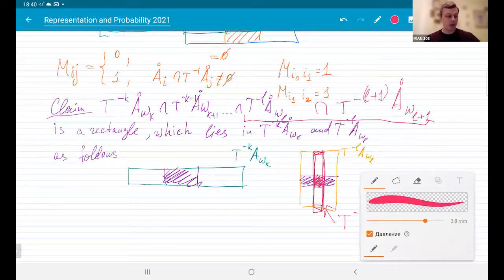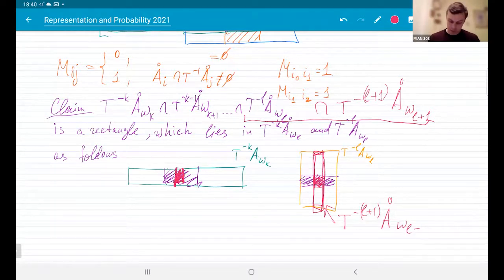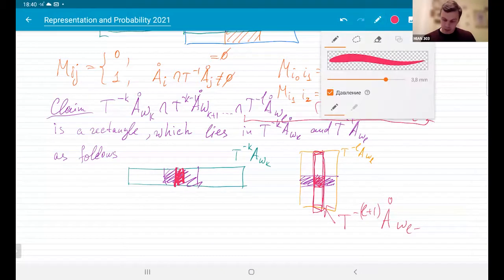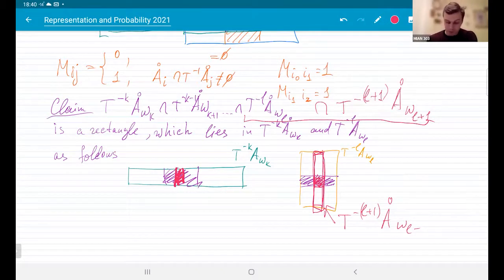And on the other hand, it is a vertical stripe here. And therefore, the claim is true.